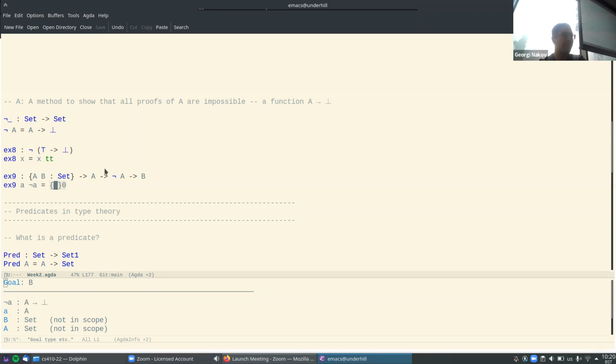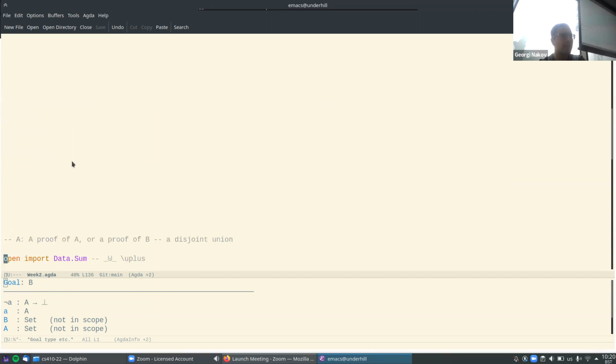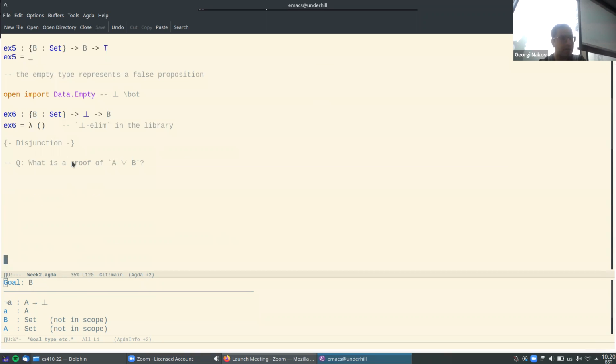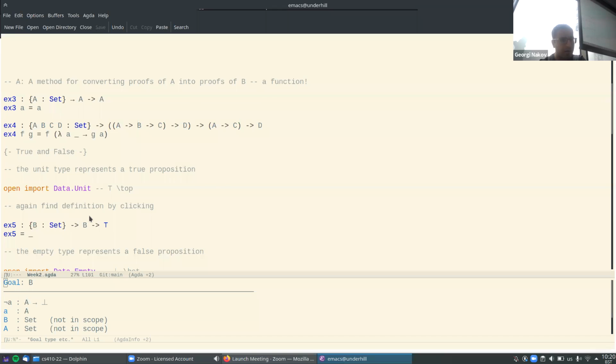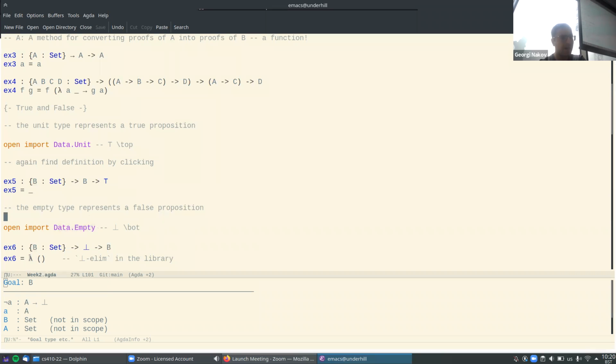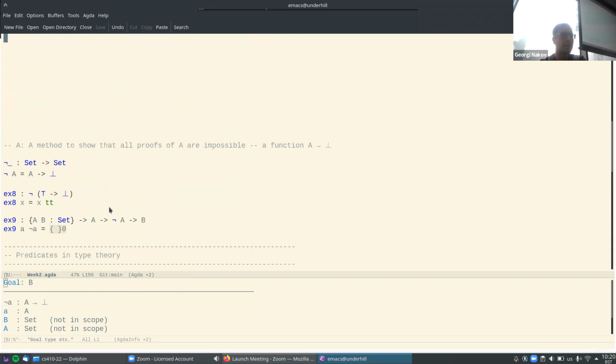And if we remember from an example from last time, we had this function, what was it called? Example 6, that given a value into the empty type produces anything. Or that was the bottom elimination in the library. So we can just use that.